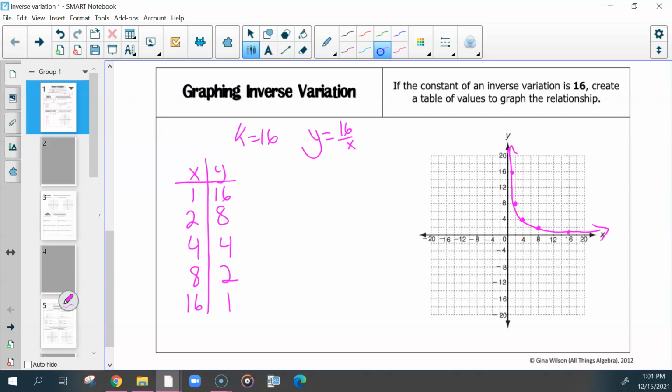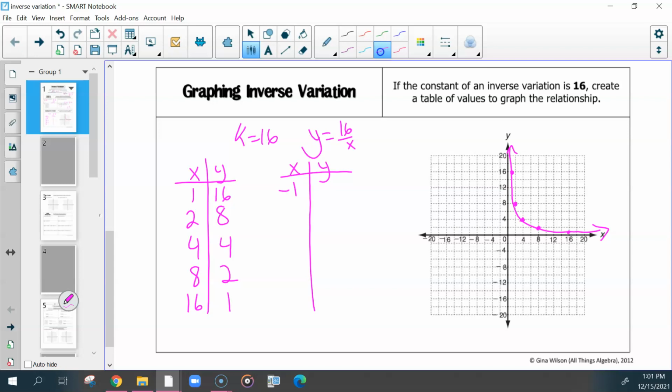However, we also need to put in some negative values here. So let's say I put in -1. I'm really just going to use the same numbers, but make them negative.